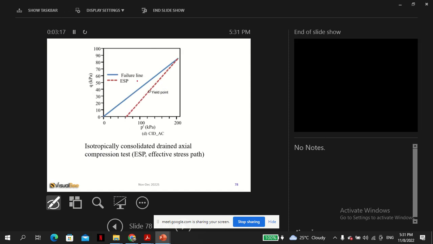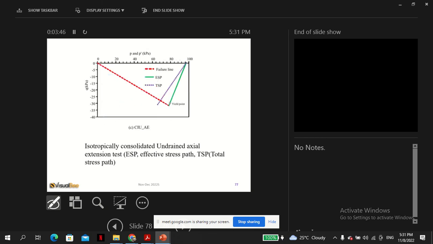For a drained test, there is no total stress path, because the stress is basically effective stress; the drainage is open, so the excess pore water pressure can flow away. So we don't have excess pore water pressure. These are different paths, and you're expected to know what they mean.